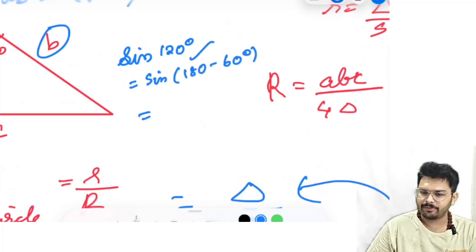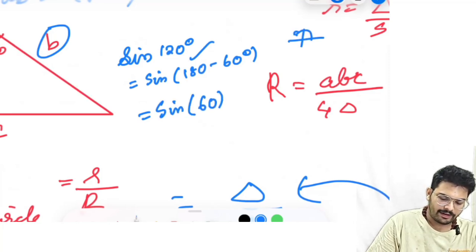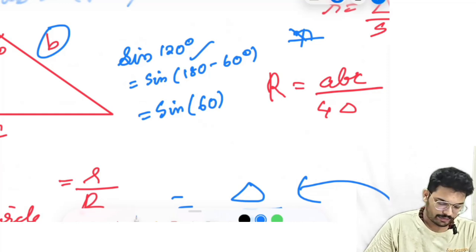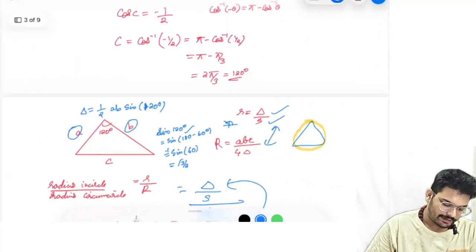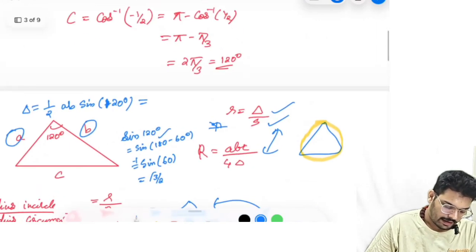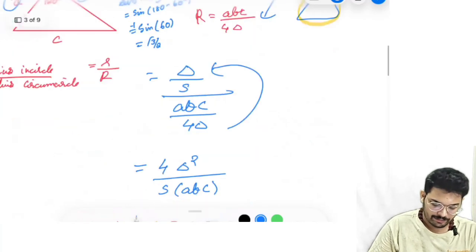Since it is an even multiple of 90, the trigonometric function will be the same, and 180 minus theta will lie in the second quadrant. Sine is positive in the second quadrant, so this value will become root 3 by 2. So the area of this triangle will become half into AB into root 3 by 2, so this will become root 3 AB divided by 4. The area of the triangle is root 3 AB divided by 4.